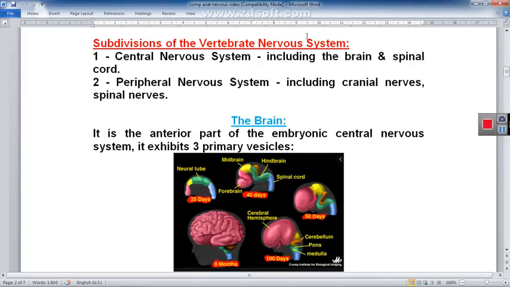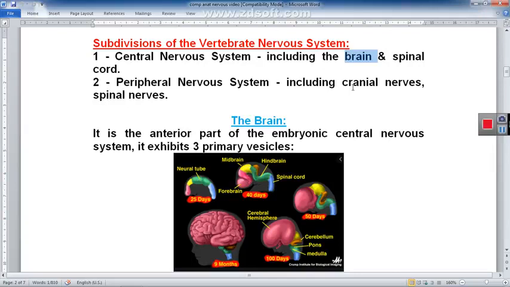Central nervous system is a term referring to the brain and the spinal cord, while peripheral nervous system refers to the cranial nerves and the spinal nerves. And of course, I think that many of you know that the cranial nerves originate from the brain, while the spinal nerves originate from the spinal cord.